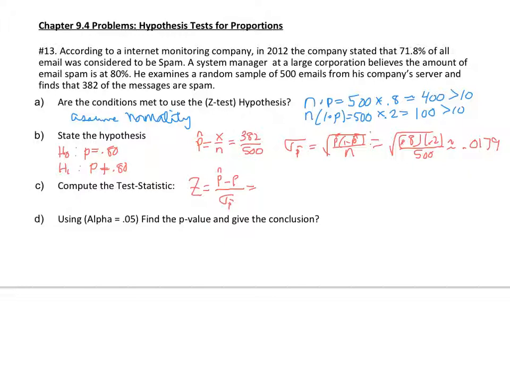So in this case, we found that p hat was 0.764 approximately. We subtract out 0.8, that's the p naught.